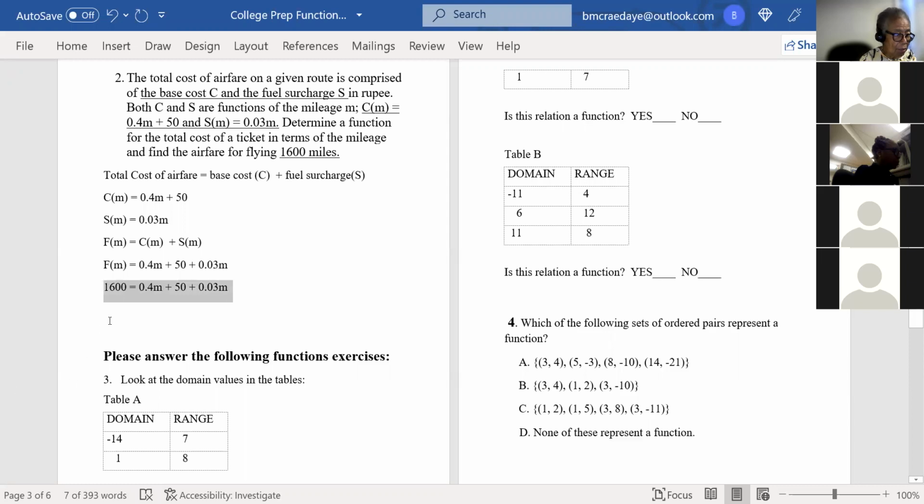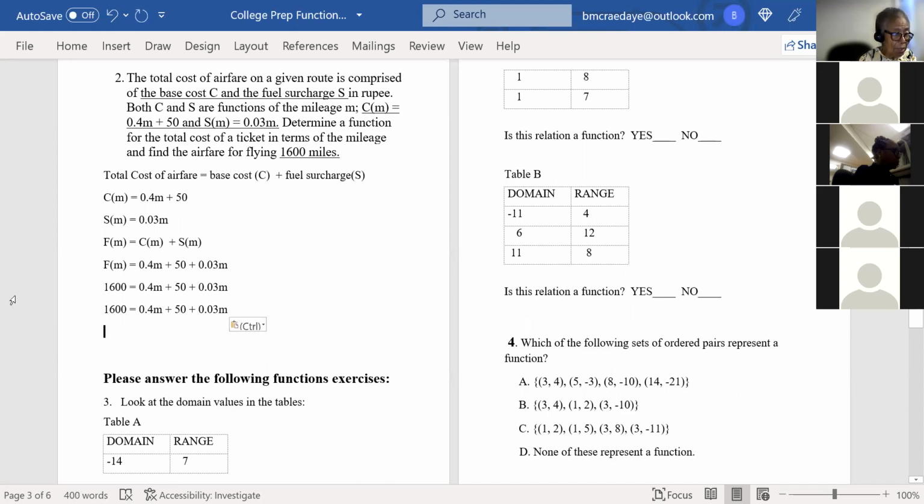Just put that there. So that would be 0.43 M when you add the 0.03 M to it. We take this out because you added it, right? Okay. Now, Audrey, what would I do next?